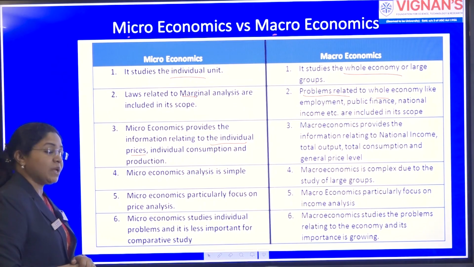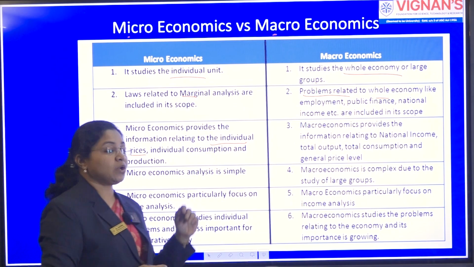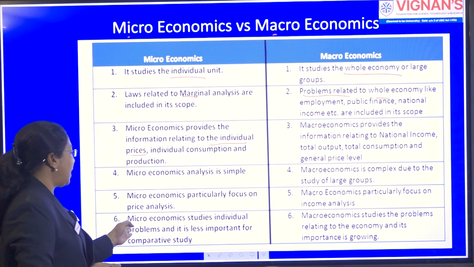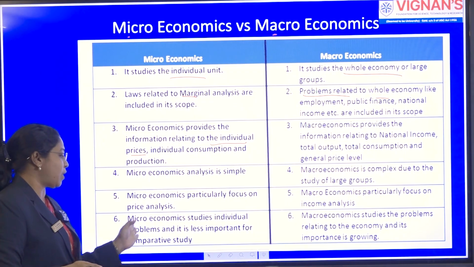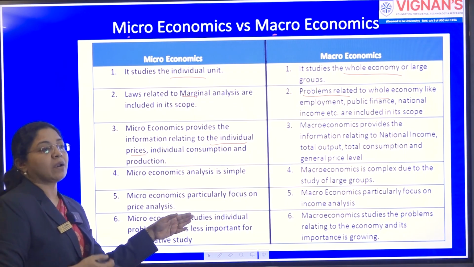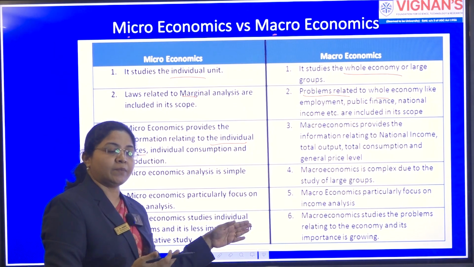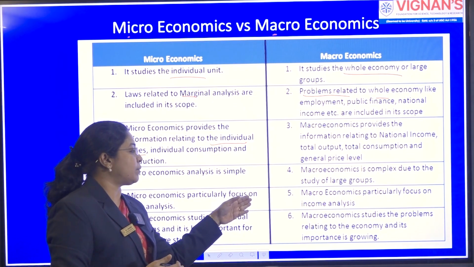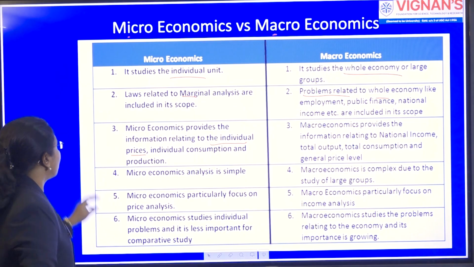Then microeconomics particularly focuses on price analysis, and macroeconomics particularly focuses on income. Then microeconomics studies individual problems, and it is less important for comparative study, whereas in macroeconomics, we compare our economy with other economies, and if we are less developed, we try to develop it more. Macroeconomics studies the problems related to the economy as a whole.